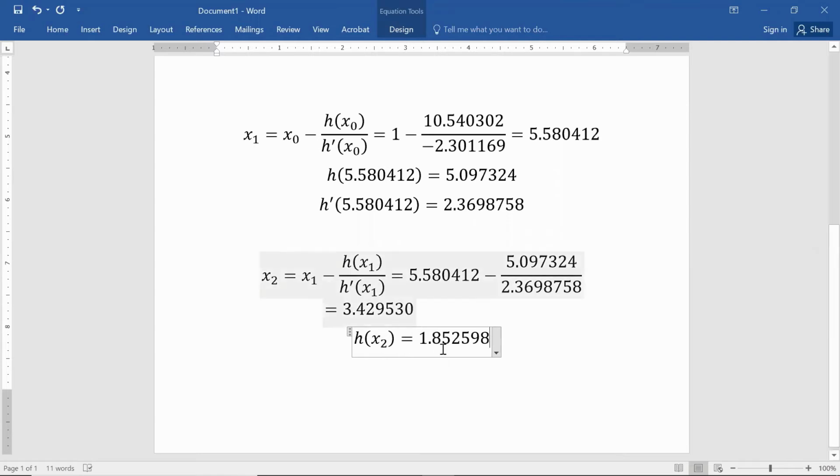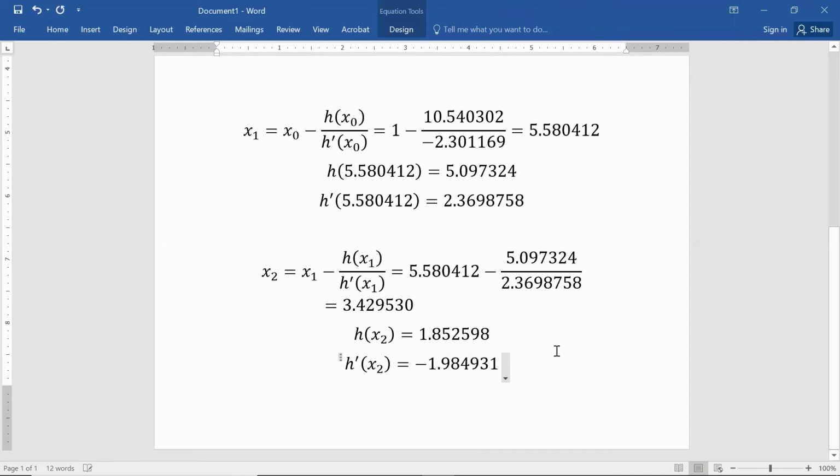Now, that's closer to 0 than 5.09, but didn't get me super close to 0. H prime of x2 got me negative 1.984931.